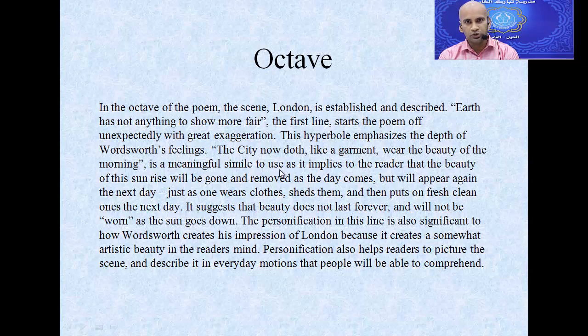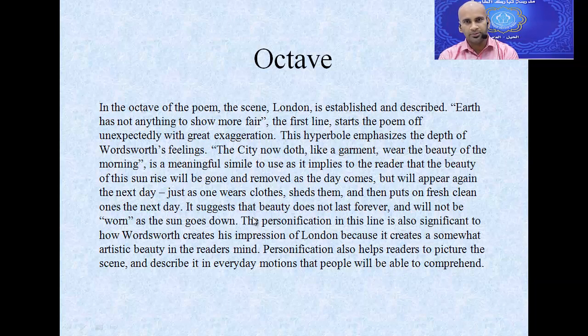Now, "the city now doth like a garment wear the beauty of the morning" is a meaningful simile here. He compared the city to a person who is wearing a garment, which is the beauty of the morning. So here we get the idea that the city is really very beautiful in the early morning.